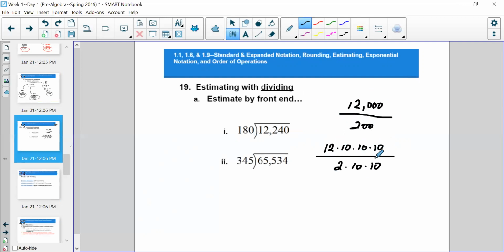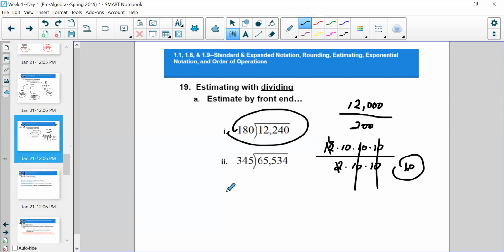So if you think about this expanded way of showing factors, the 10s divide out, and then the 2 can divide either one of these. So let's say the 2 divides 12, 6 times 10 is 60. So that's the approximate answer of this division problem. So that's the approximate quotient.